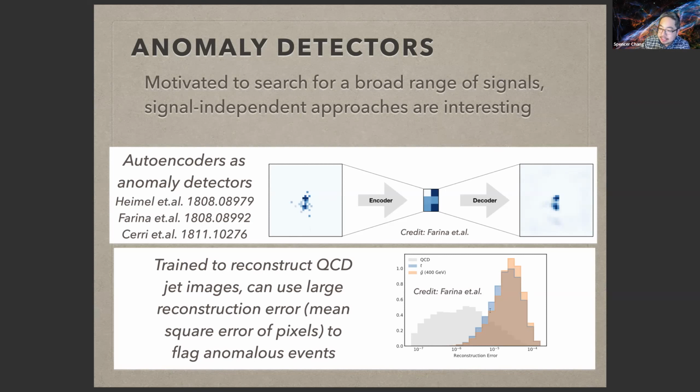If they have features that are not in QCD jets, we expect the compression would not have learned to look for these features and then decompress them, so we'll have a larger reconstruction error. If I wanted to flag anomalous events, I would cut at some high value, look at the tail of this reconstruction error, and look for a feature that doesn't look like a falling distribution.